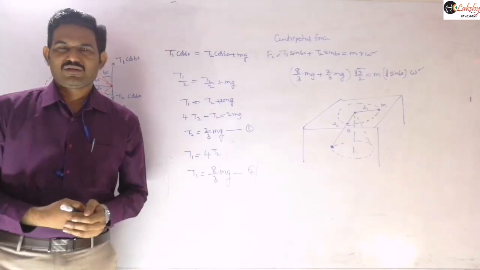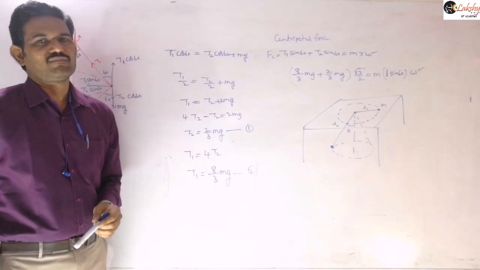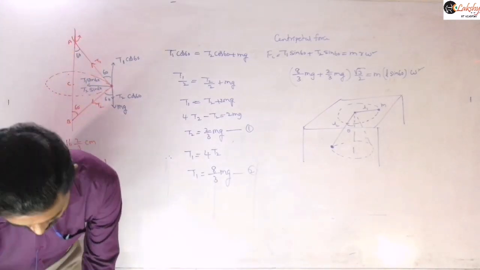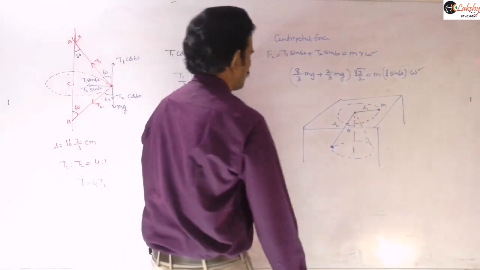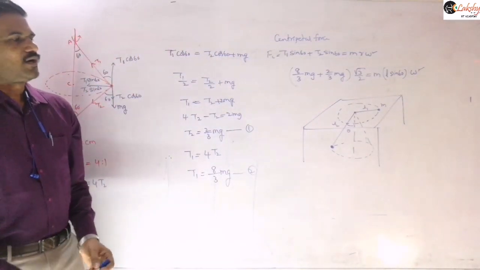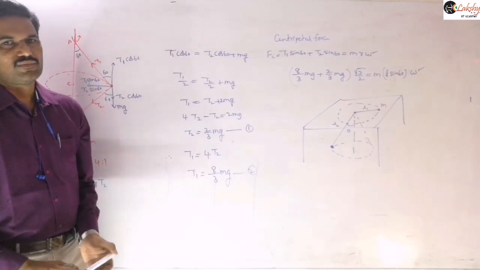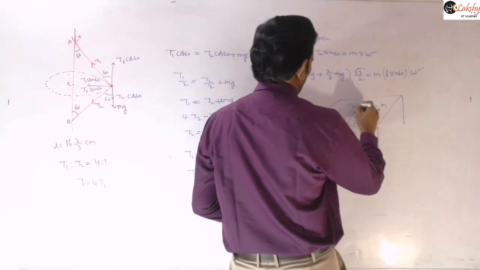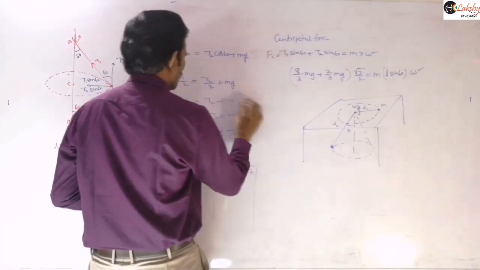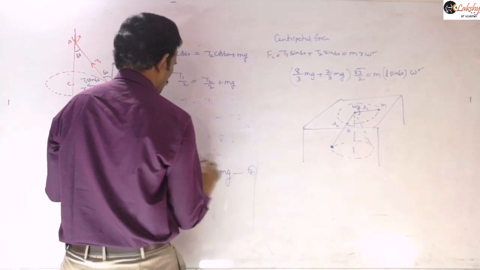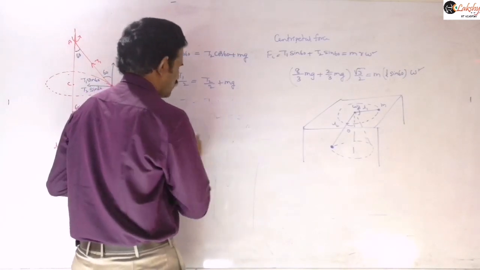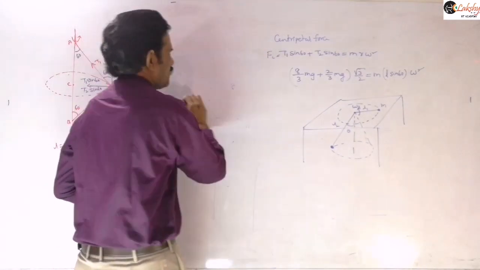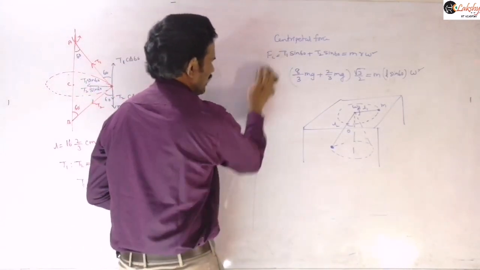The particle on the table is revolving in a horizontal circle with angular velocity omega 1, and the particle hanging from the table also revolves as a conical pendulum with angular velocity omega 2. Then find the ratio L1 by L2.